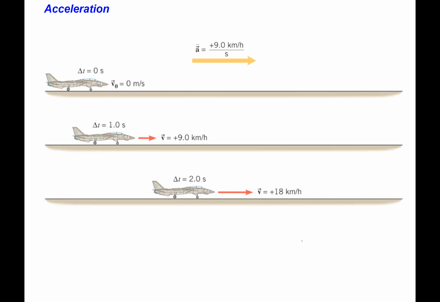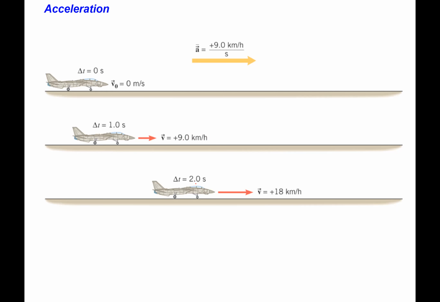Now, what does it mean when we have the average acceleration per unit time? In this case, it means that the car is increasing its velocity 9 kilometers per hour every second. So initially it is at rest, but after 1 second has elapsed, it is now moving at 9 kilometers per hour.